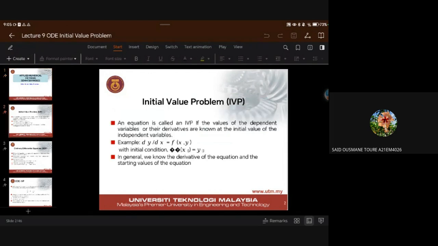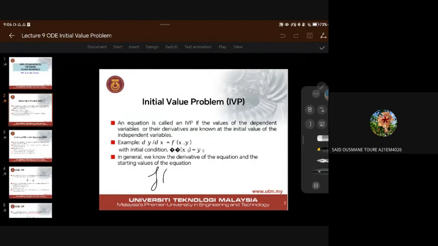An equation is called IVP if the values of the dependent variables or their derivatives are known at the initial value of the independent variable.